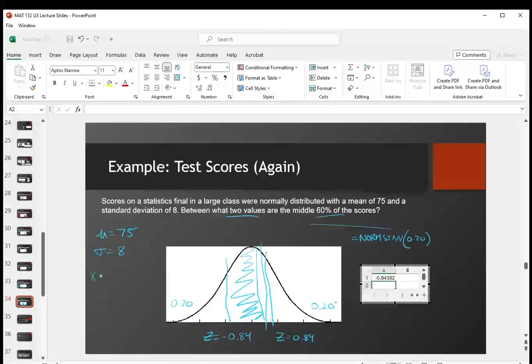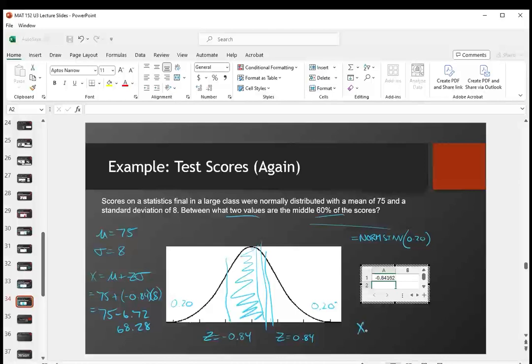Again, same formula, z times the standard deviation. 75 plus negative 0.84 times 8. This will give us our bottom value. 0.84 times 8 is 6.72, so 75 minus 6.72, 68.28.